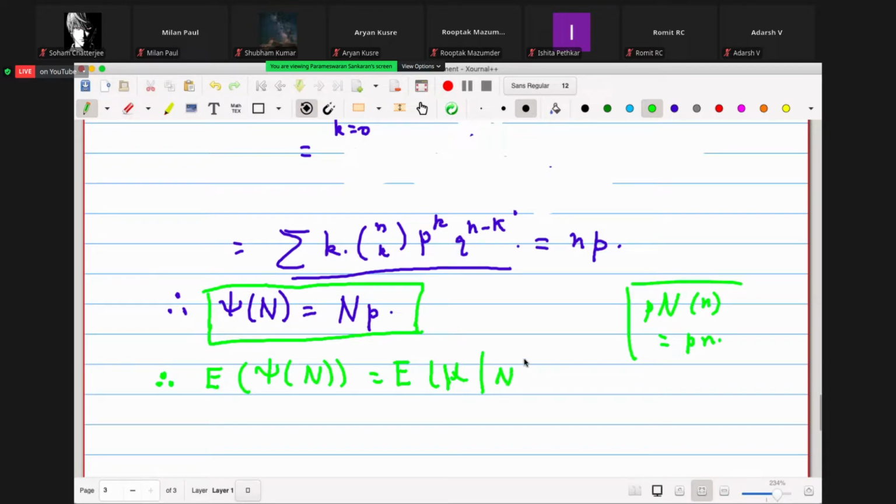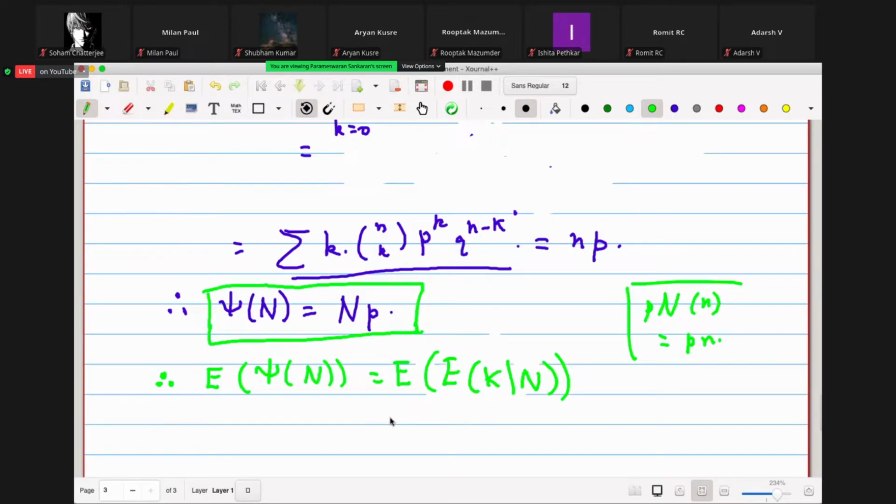Expectation of this random variable. Sorry, I missed out on one more E here, let me write that properly. Expectation of, if you want, I write one more step, K given N. I don't know if this was asked.